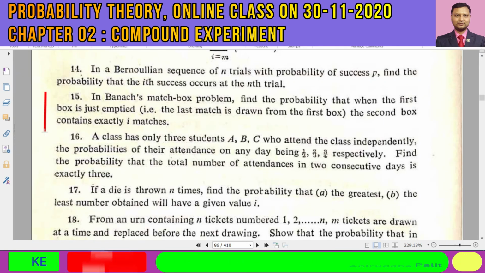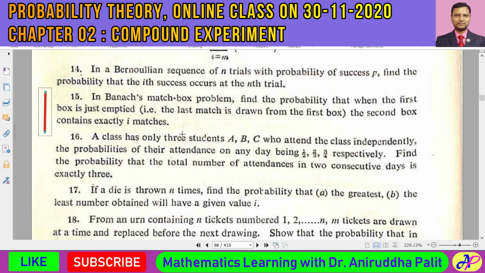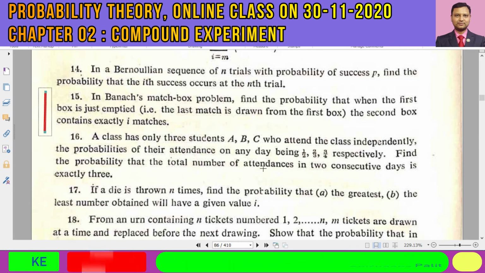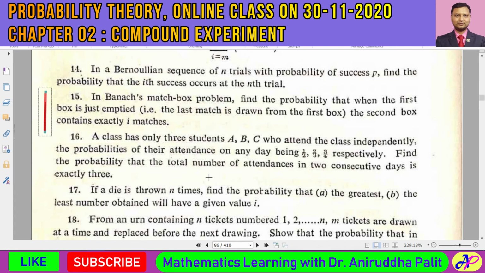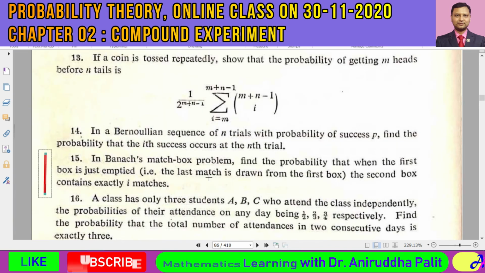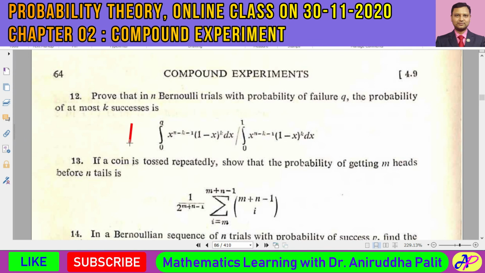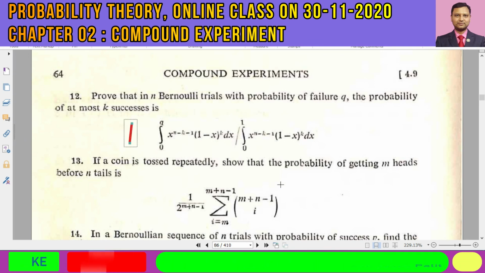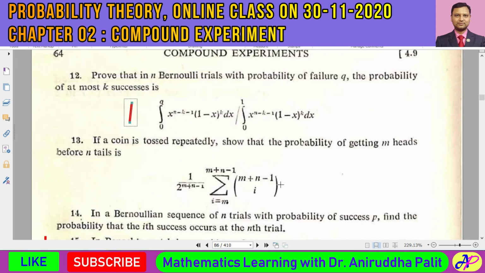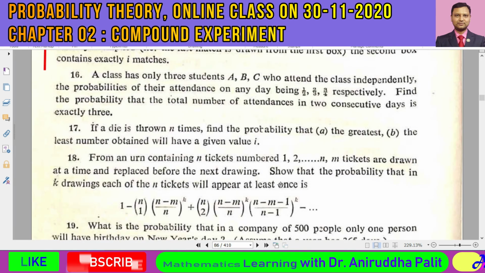Mainly these two problems have been selected in exams at different times. So hopefully this much would be sufficient for you. There are similar other problems regarding Bernoulli trials, and this kind of summation results. That's all from this chapter.